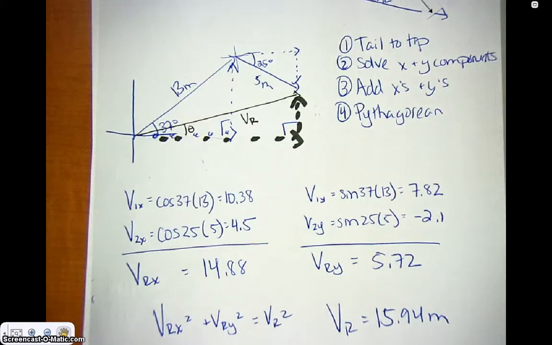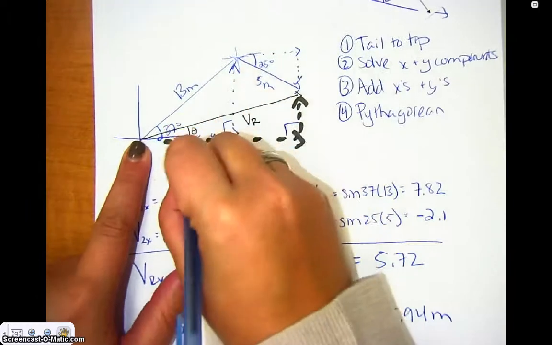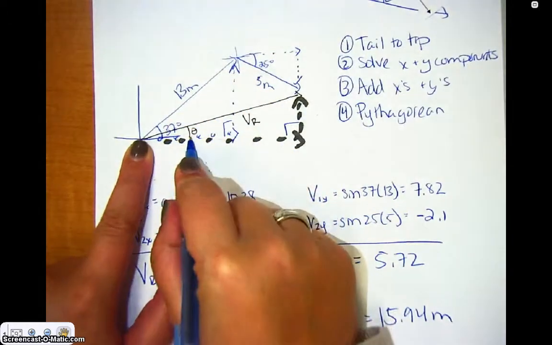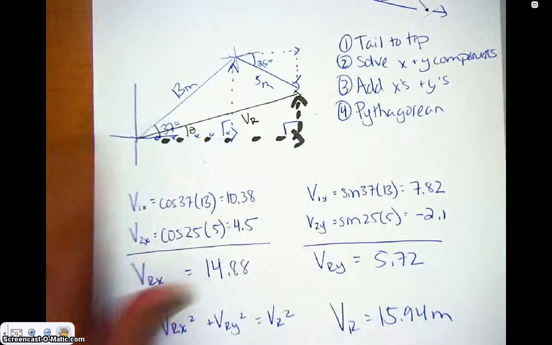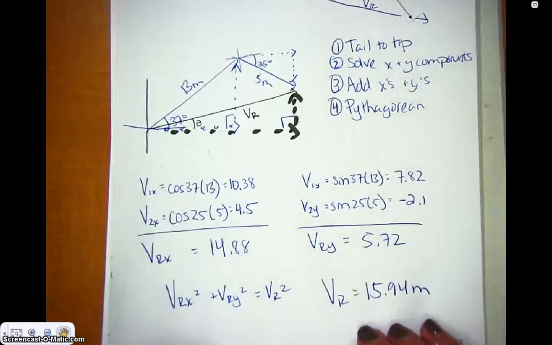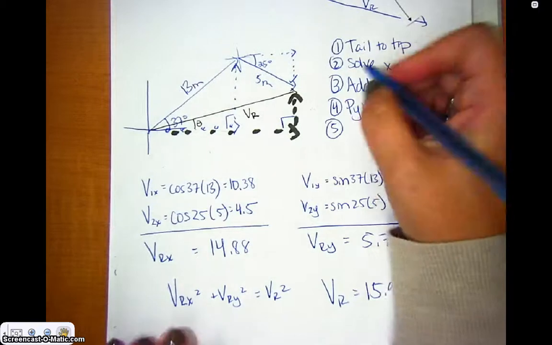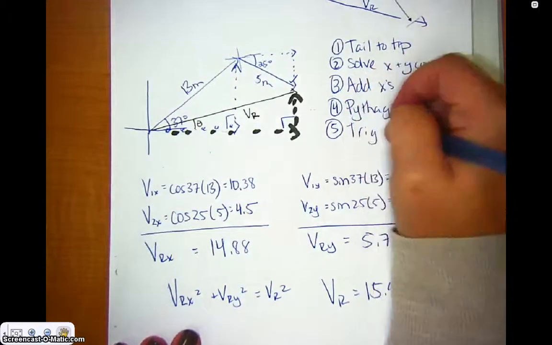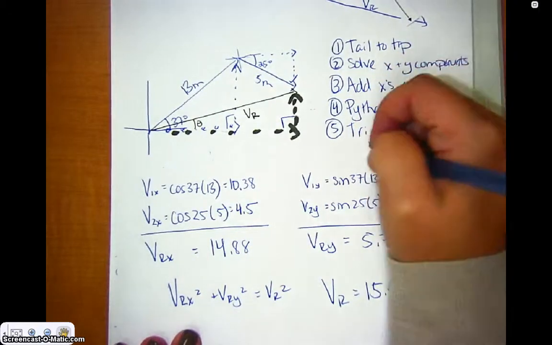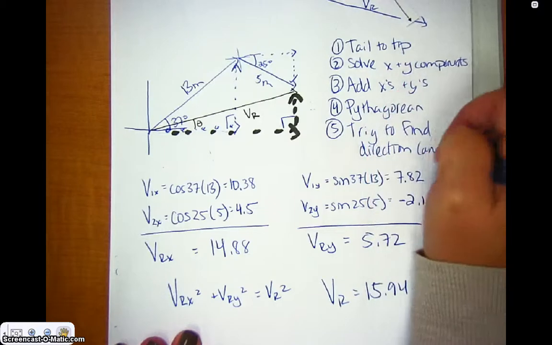That gives me the magnitude or the length of my vector. But we also said that we want to know the direction or the angle. So in order to do this, I am going to use trigonometry. Now I have all of the sides, so I could really use any of them, but I'm going to use tangent. So use trig to find the direction or the angle.